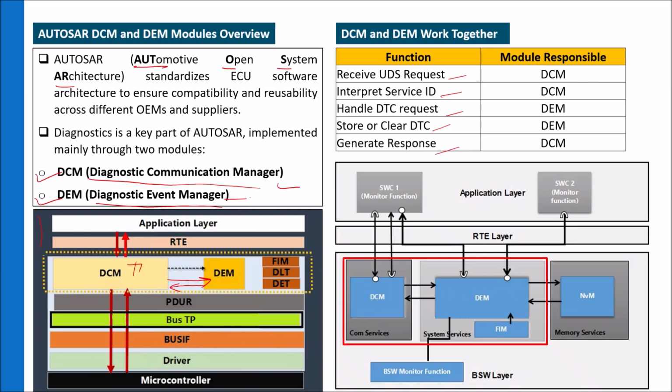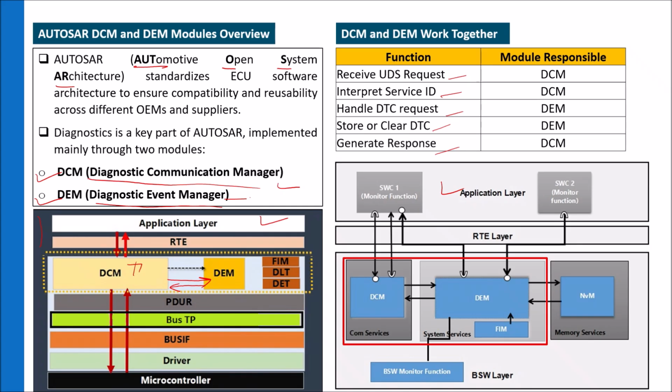Now we can understand the AUTOSAR layered diagram. At the top in this image there is an application layer with monitoring functions for things like the engine or the battery.